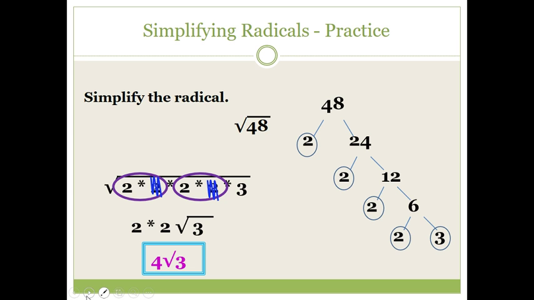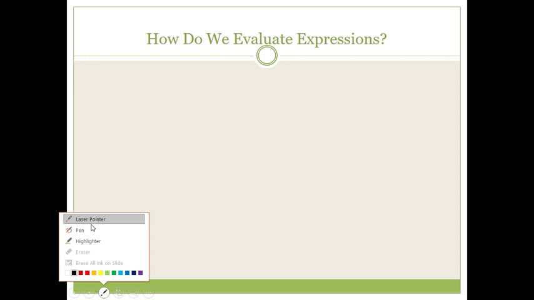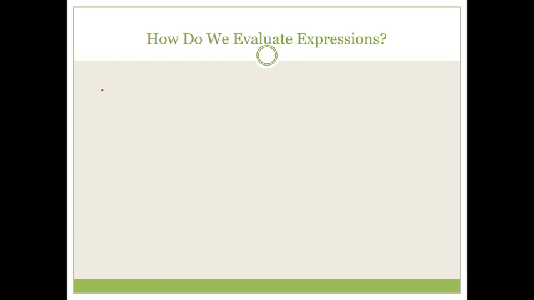So what advantage does this have besides not having to memorize perfect squares? Now let me give you an example here real quick. Suppose I wanted to simplify the cube root of 120.